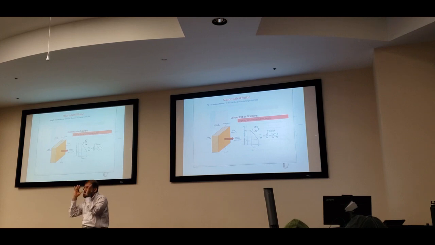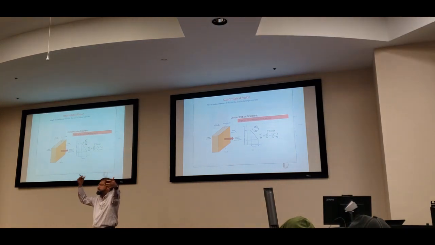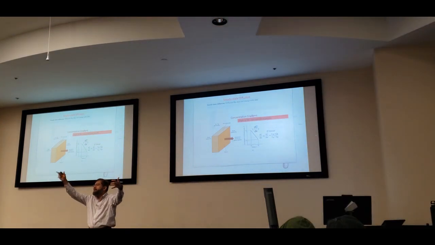So this is a thin medium, and atoms diffuse through that medium. Imagine there are a lot of students on this side and fewer students on the other side, and the number of students entering from this side is the same as the number of students exiting through that door.